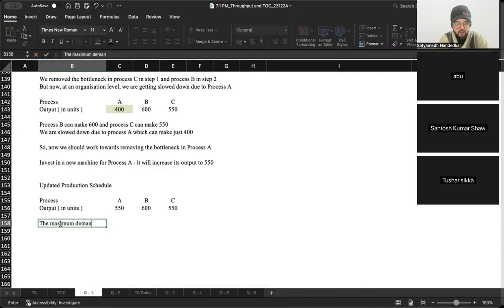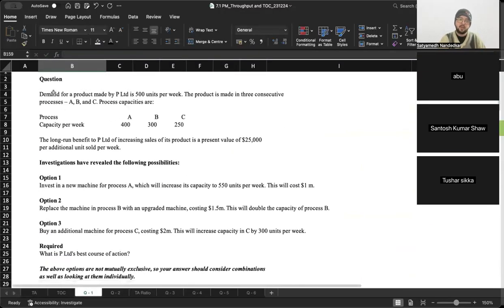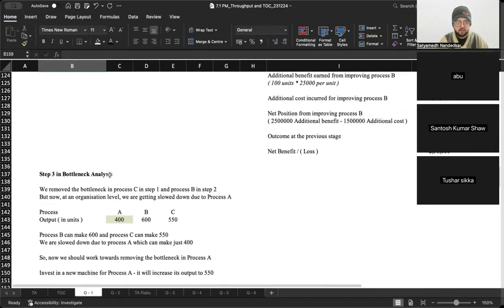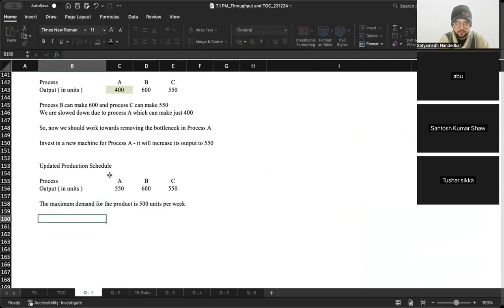The demand for the product is 500 units per week.